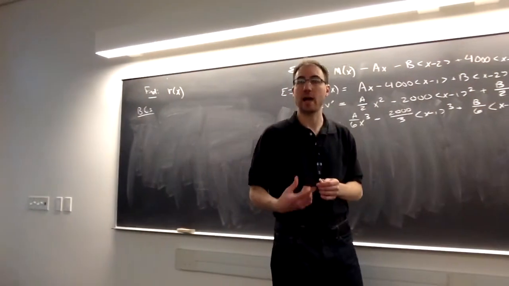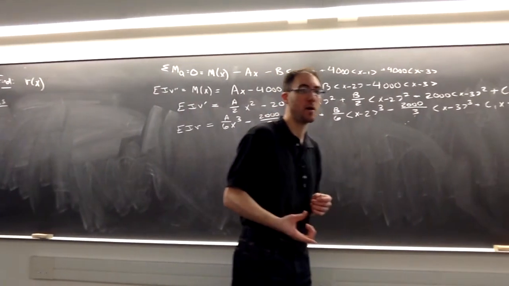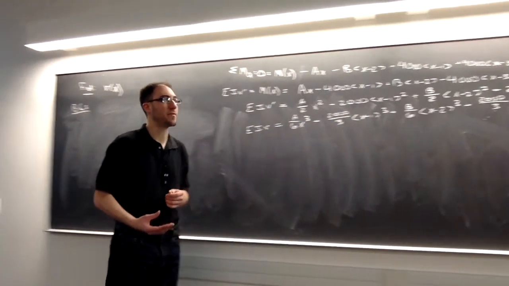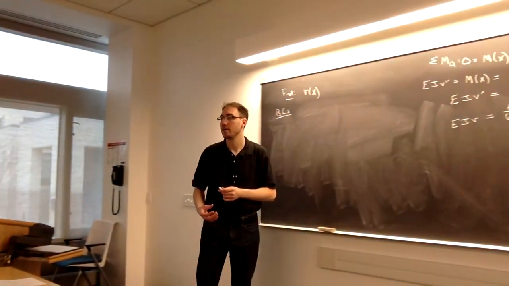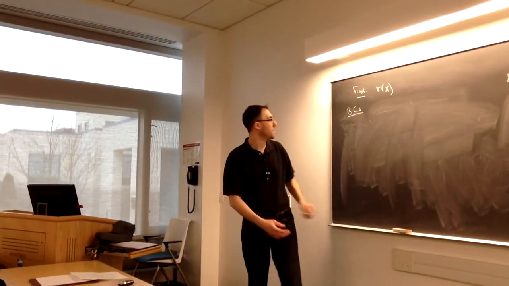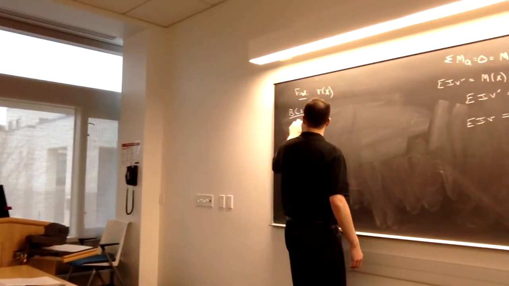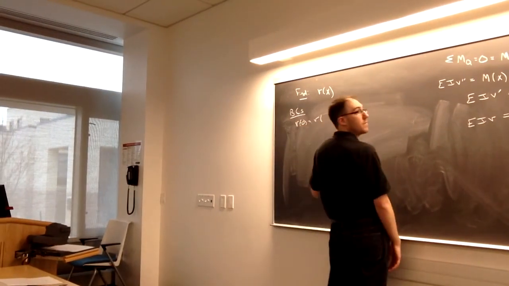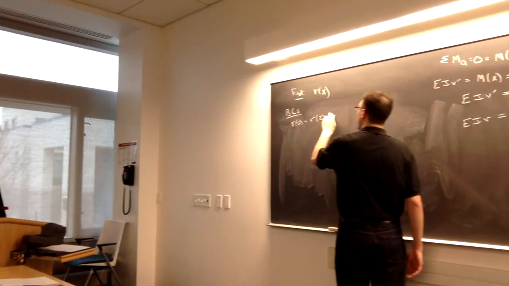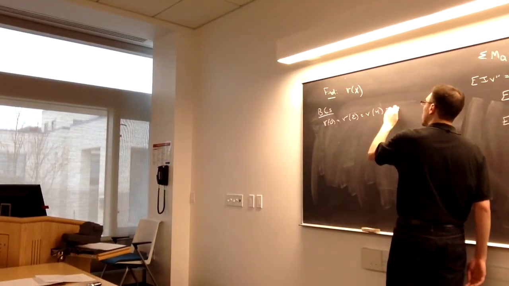We're going to have a deflection boundary condition at A, B, and C also. In this case, what do we know the deflection is at A, B, and C? 0. Right, 0 at all of them. So V of 0 and V of 2 and V of 4 are all 0.